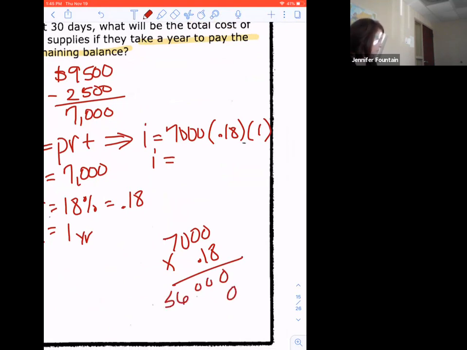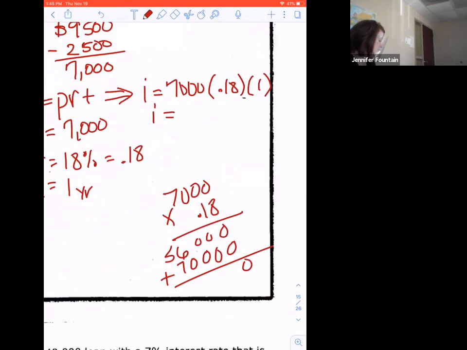Then I have a placeholder 0, and then I've got 0, 0, 0, 7. Add them up. 0, 0, 0, 0, 0, 6. 5 and 7 is 12. I'm going to look at my 2 decimal places. So now that means the interest is $1,260.